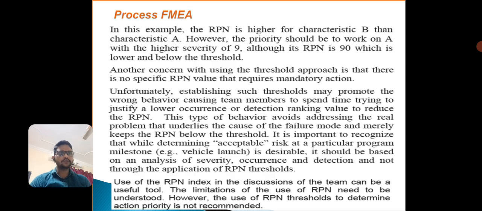This means we should not focus on an RPN threshold, we should focus on severity, occurrence and detection. The use of the RPN index in the discussion of the team can be a useful tool. The limitations of the use of RPN need to be understood. However, the use of an RPN threshold to determine the action priority is not recommended.